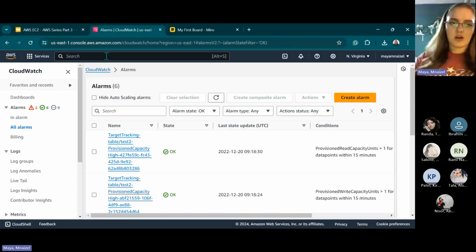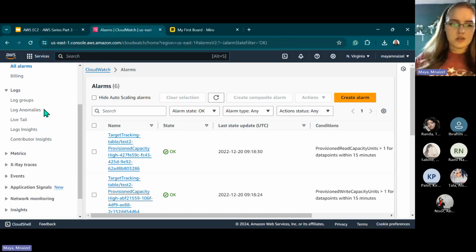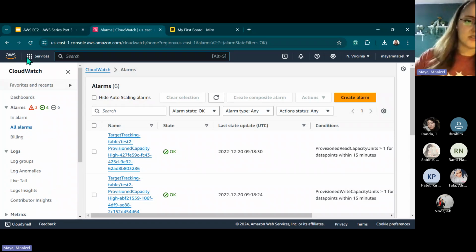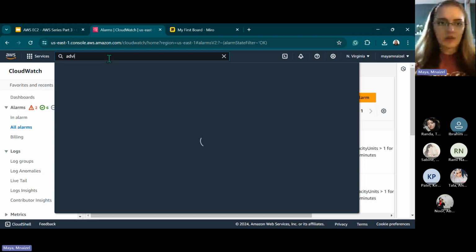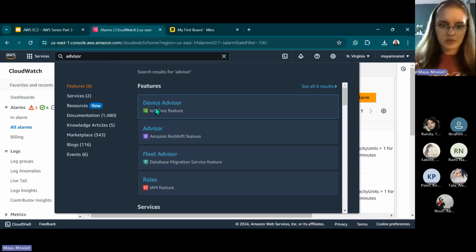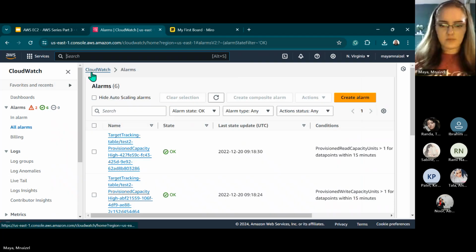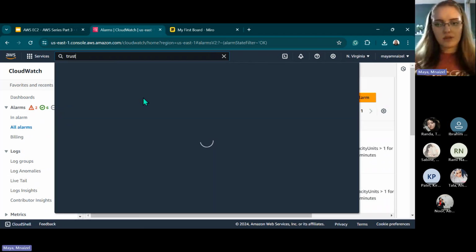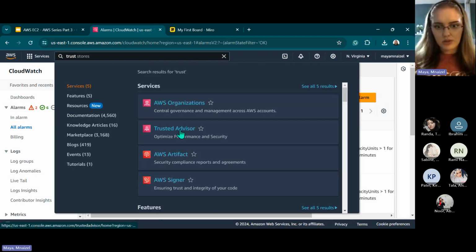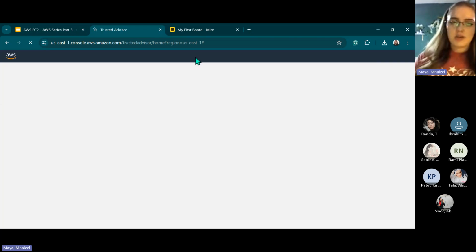So we have this thing called, what is it called? I forgot. It's something related to cost. Let me go to services. Advisor, yeah. It's called Trusted Advisor. This can give you advice on the AWS pillars.